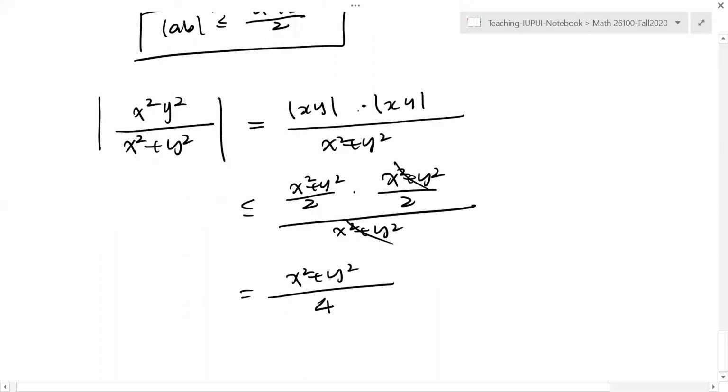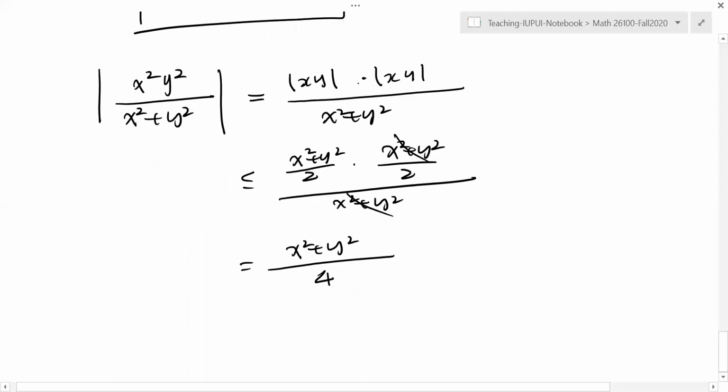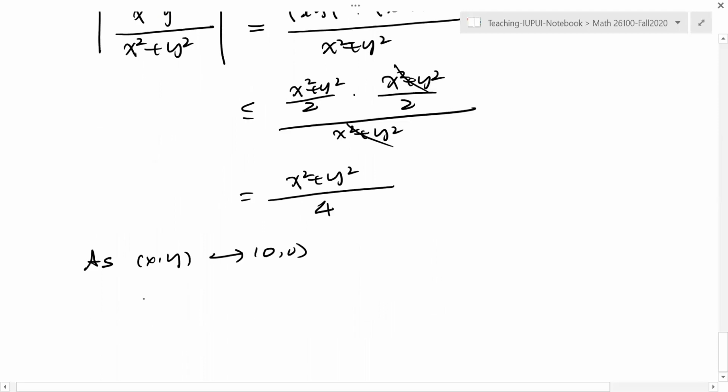This is a very interesting inequality. Then you conclude that. That's why I said it's more difficult to prove that the limit exists. As x and y approach 0, 0, that is equivalent to saying that x squared plus y squared approaches 0.